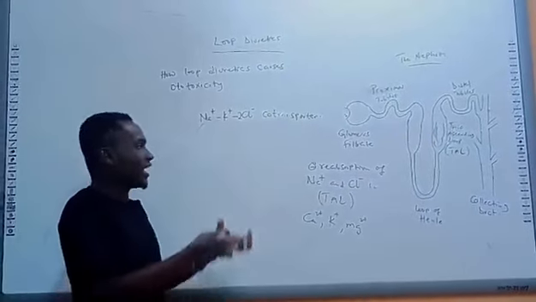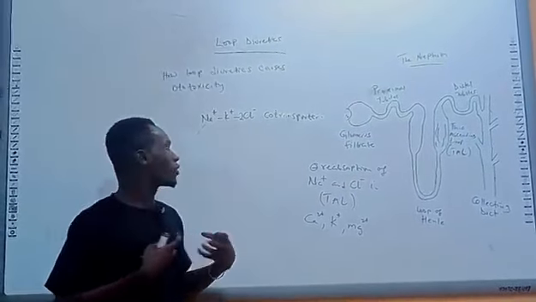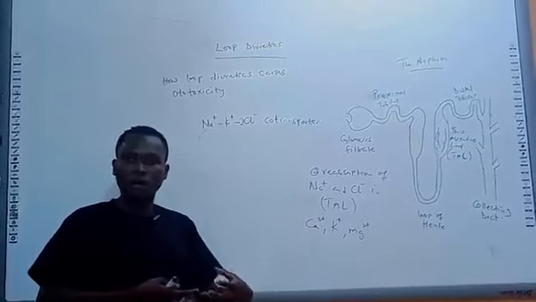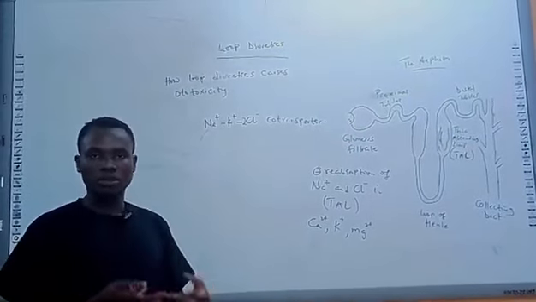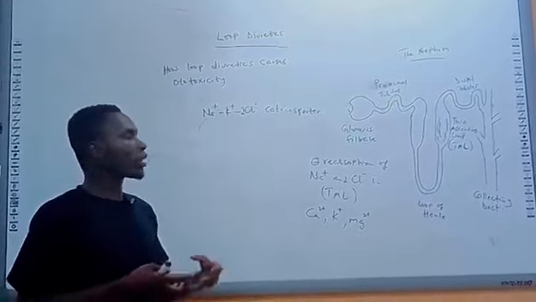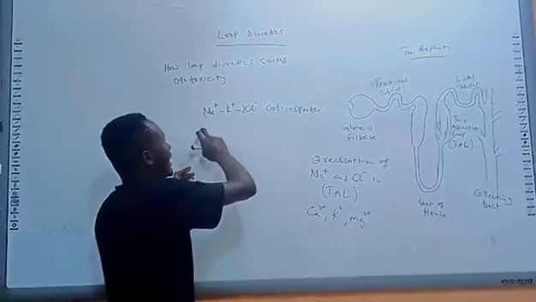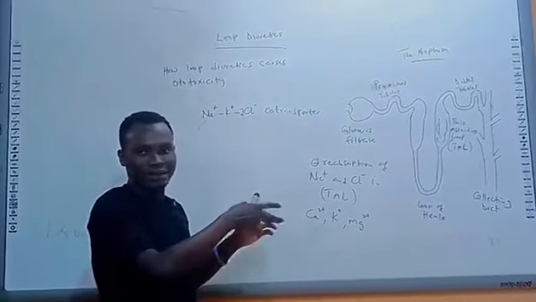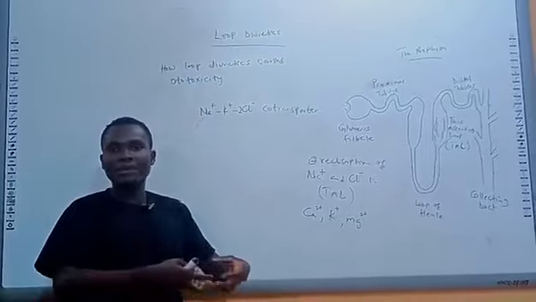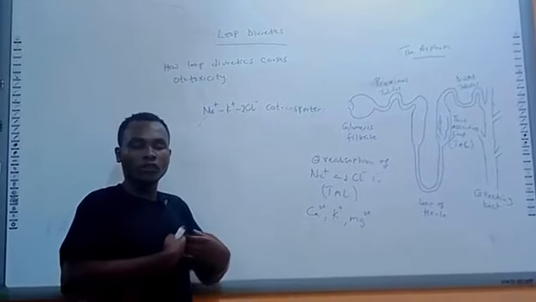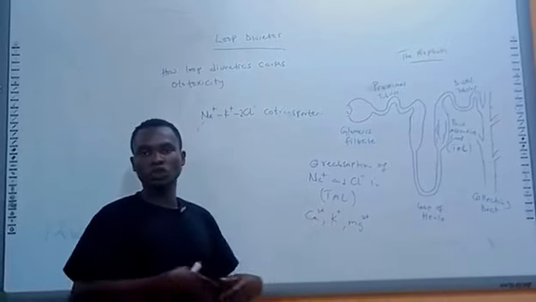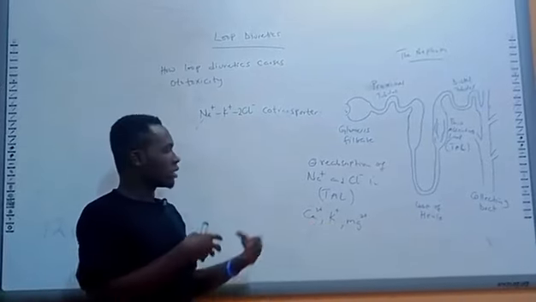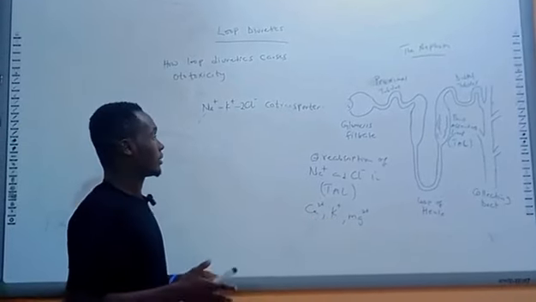This aids in the absorption of sodium, potassium, and chlorine in the thick ascending limb. But when it is inhibited by loop diuretics, there will not be any reabsorption, so all of them will be excreted, and they will force other ions to also be excreted.